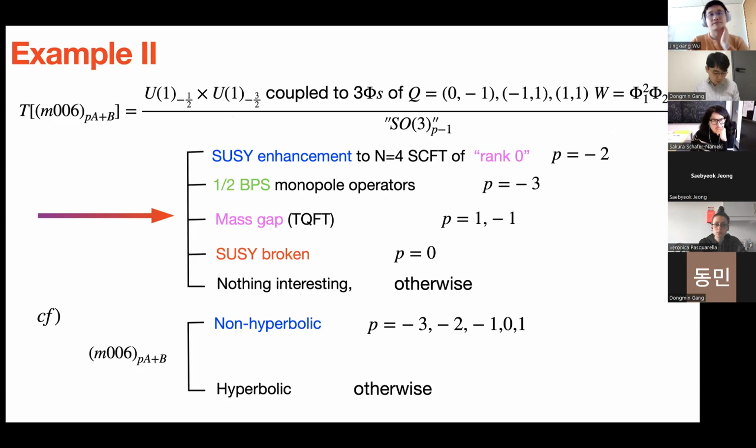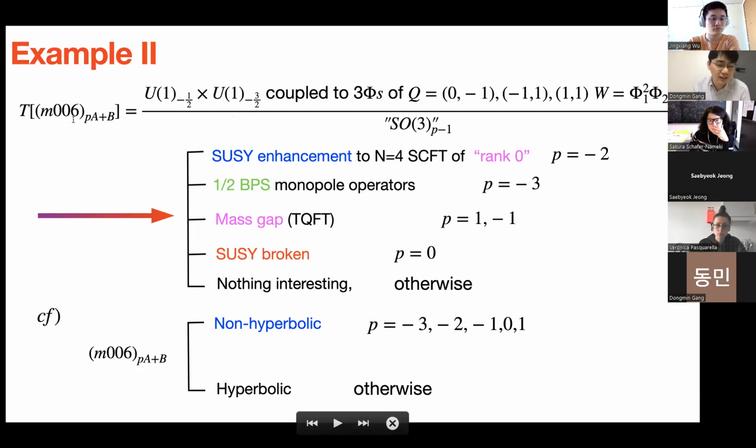So let me give a more interesting example. This is the so-called M006 manifold. This is a hyperbolic 3-manifold with a torus boundary, and this is the mathematicians' notation. Mathematicians try to give the whole list of hyperbolic 3-manifolds with torus boundary, and they labeled them M003, M004, something like that.